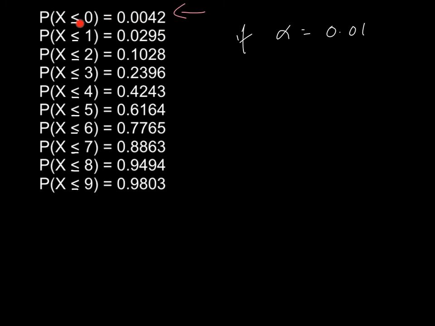However, if it happens 0 times, if we don't get any 6s, we'd say it's very unusual in 30 rolls to not get any 6s, because that only happens 0.4% of the time. If we were loosening our restrictions a bit and we said that the significance level was 5%, then the critical region would expand to include this value here as well, because this happens only 2.9% of the time, and we're rejecting anything that happens less than 5% of the time.